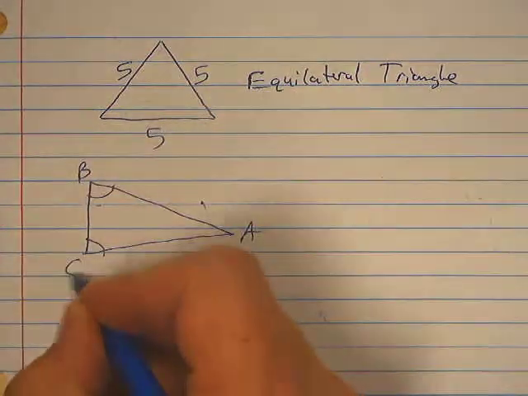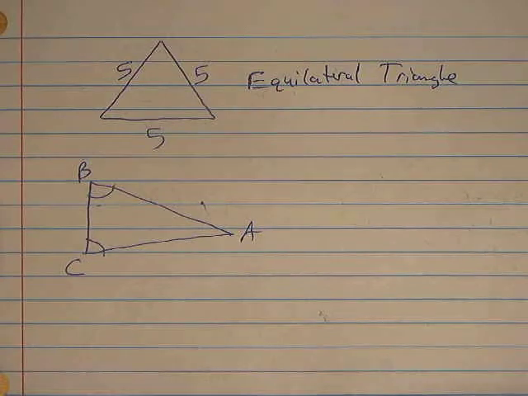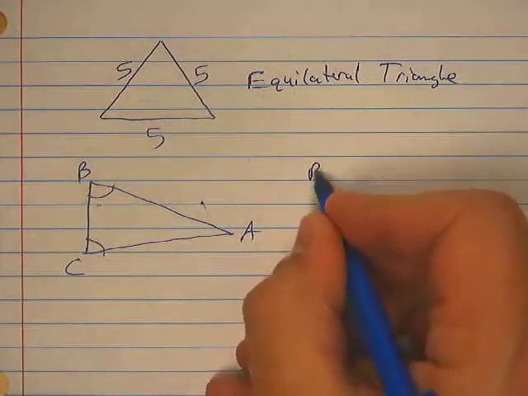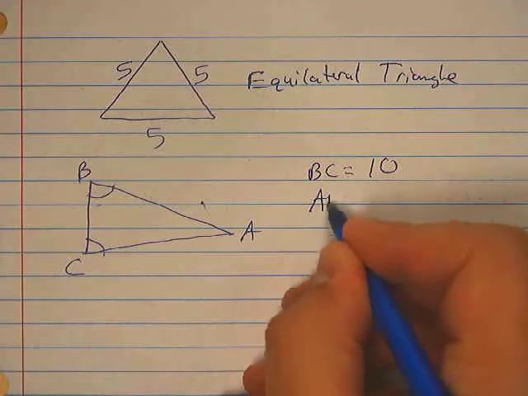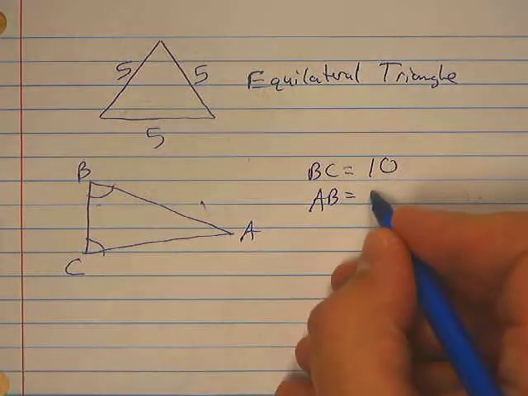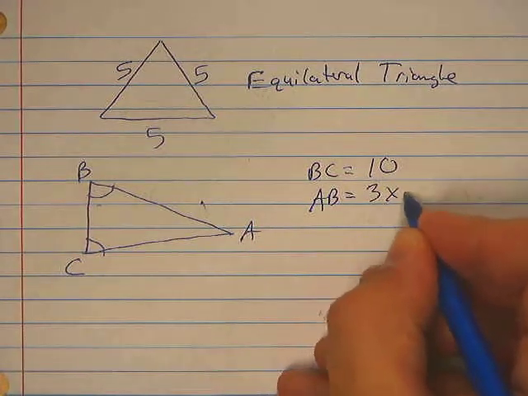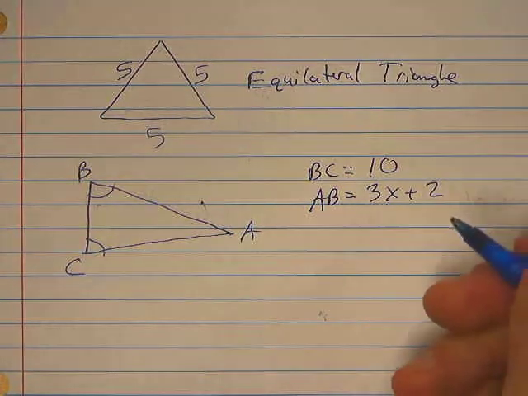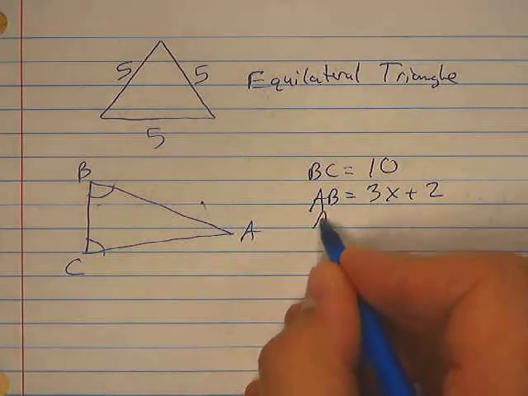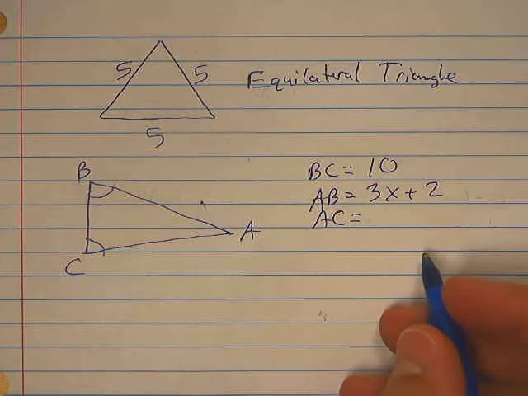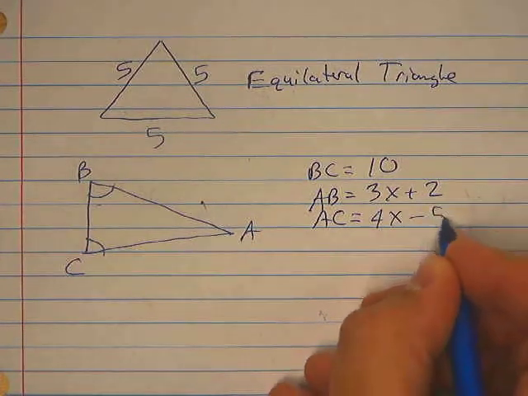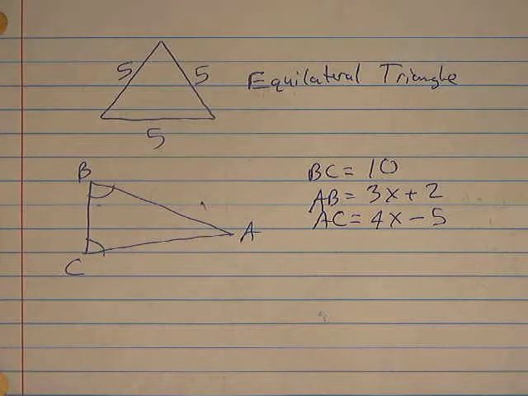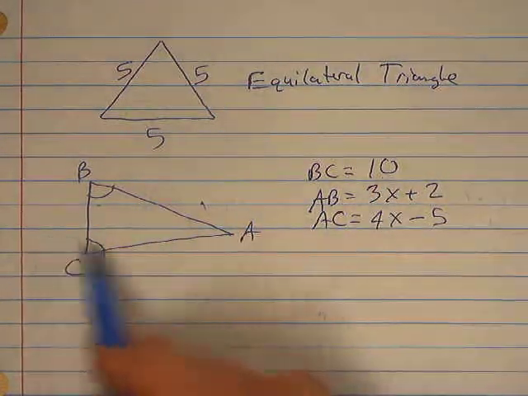So let's say I'm going to label this A, B, C, and let's say BC is equal to 10, AB is equal to 3x plus 2, and AC is equal to 4x minus 5.